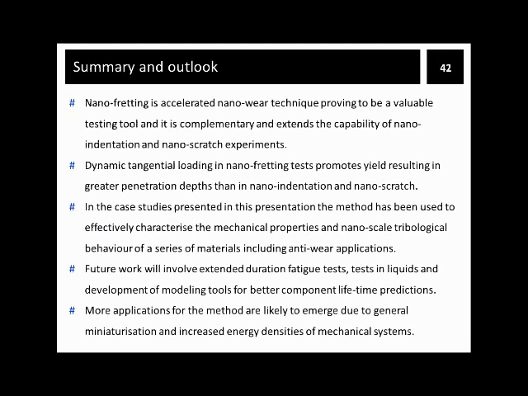So let me just read through the points here. Nanofretting is an accelerated nanowear technique, proving to be a valuable testing tool, and it is complementary and extends the capability of nano-indentation and nano-scratch experiments.